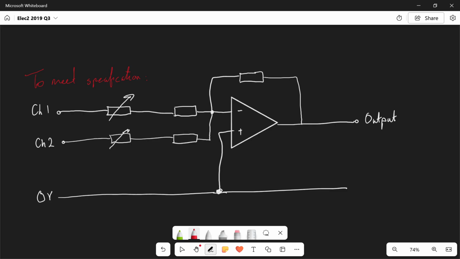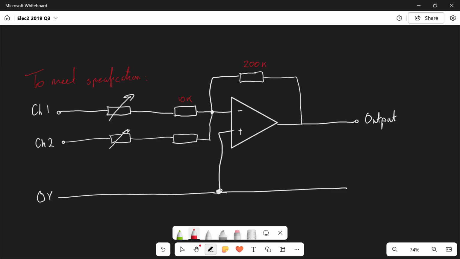So if the variable resistor was 0 ohms, we need a ratio of 20. So as the minimum size resistor that you should be using is 10k, if we basically just call the Rin value of 10k, then we'd need 200k in order to give that maximum voltage gain of 20 times.